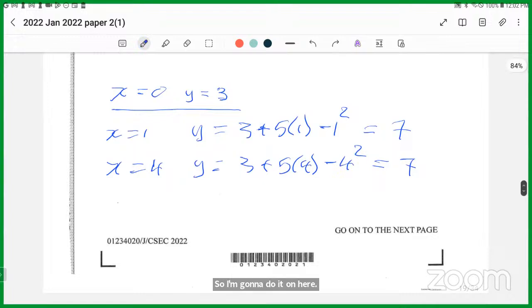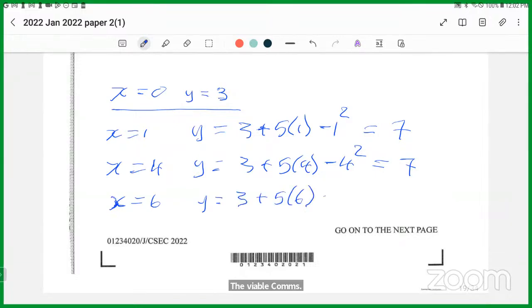So when x equals 6, y becomes 3 plus 5 times 6 minus 6 squared. Now this is 3, and this is 30. 30 and 3 is 33.